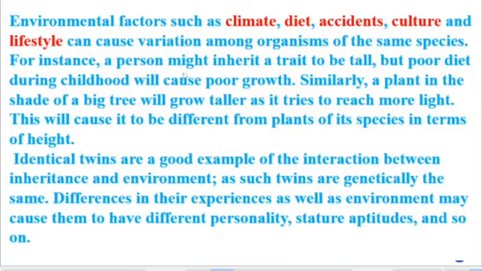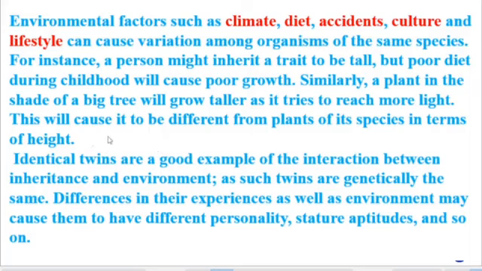Similarly, a plant in the shade of a big tree will grow taller as it tries to reach more light, and this will cause it to be different from plants of its species in terms of height.